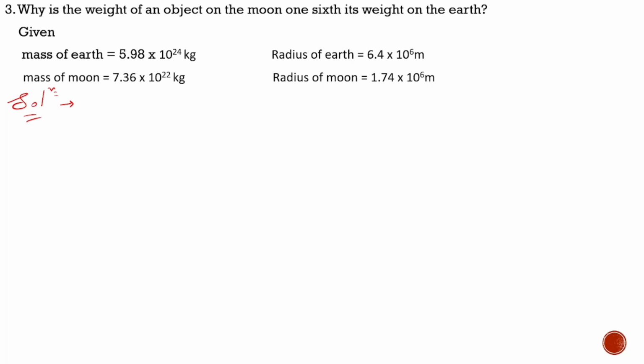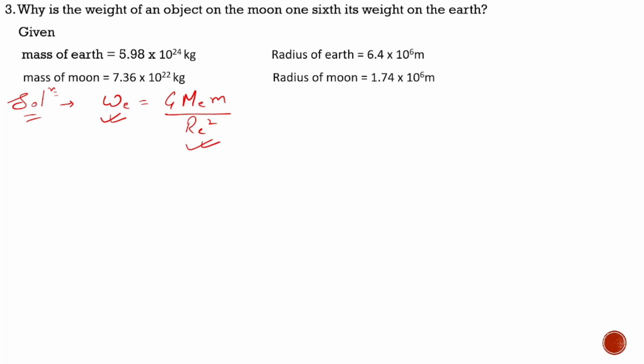So let the weight of the object on earth equal G mass of earth into mass of object divided by radius of earth whole square. This is the force by which earth attracts that object, and this is called the weight of that object, of mass m.